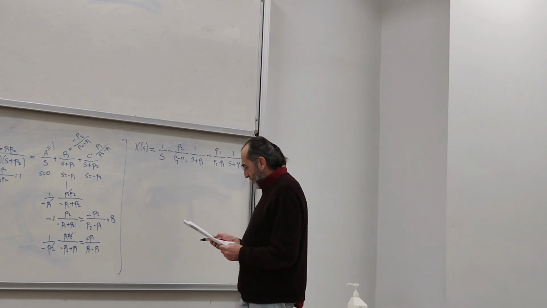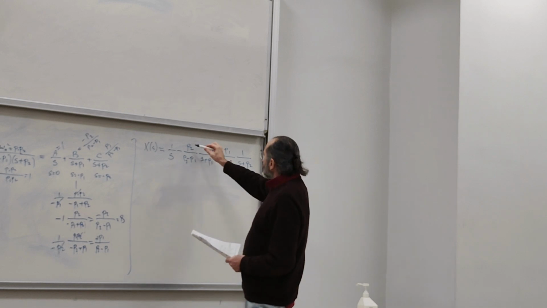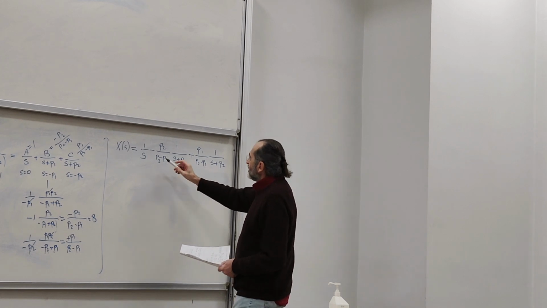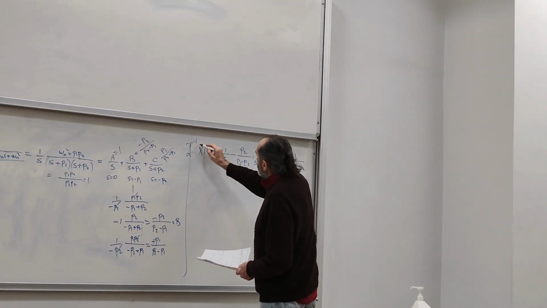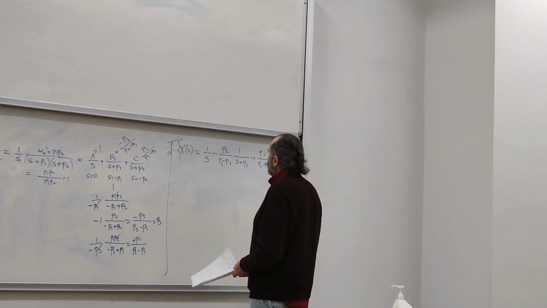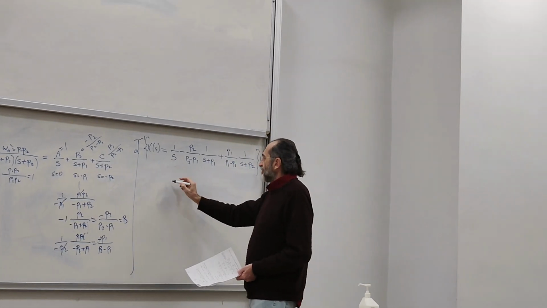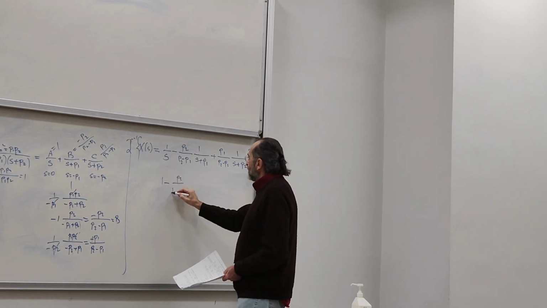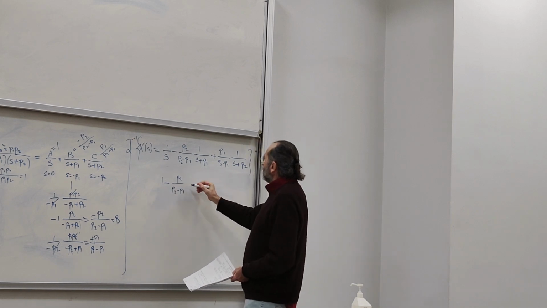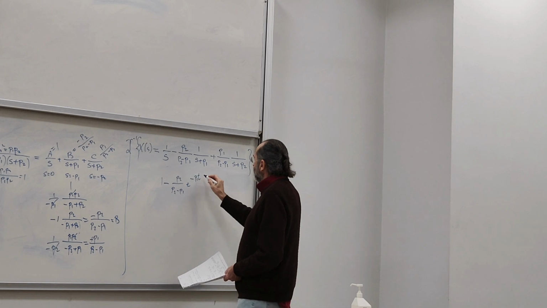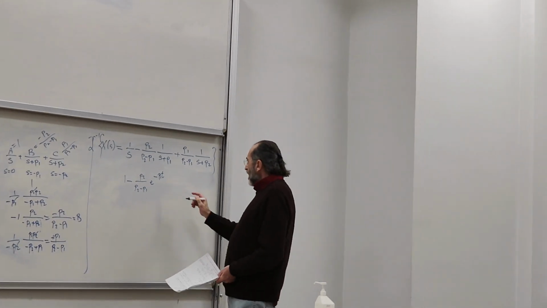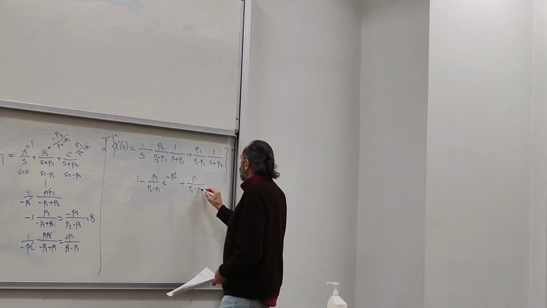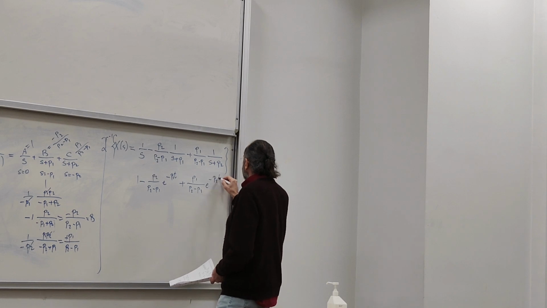And then, this is a constant, that's a constant. This is a constant, that's a constant. So I have the inverse Laplace of the whole thing, which is going to be 1, minus the constant P2 over P2 minus P1 times e to the minus P1t plus P1 over P2 minus P1 times e to the minus P2t.